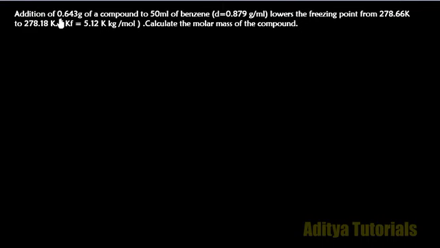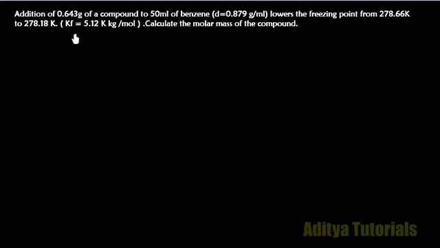Addition of 0.643 gram of a compound to 50 ml of benzene, the density of the benzene is given, lowers the freezing point from 278.66 Kelvin to 278.18 Kelvin. Given that Kf is 5.12 Kelvin kg per mole, calculate the molar mass of the compound.